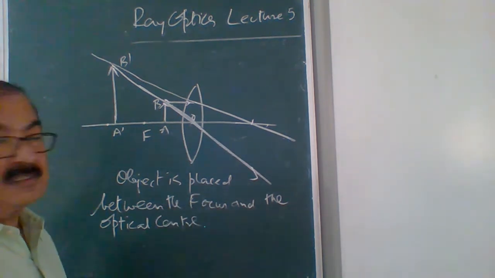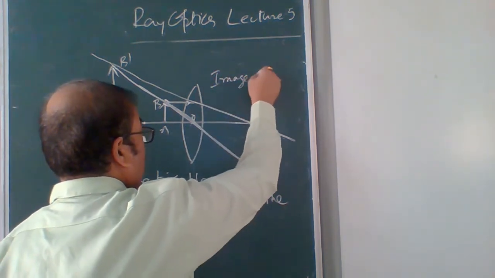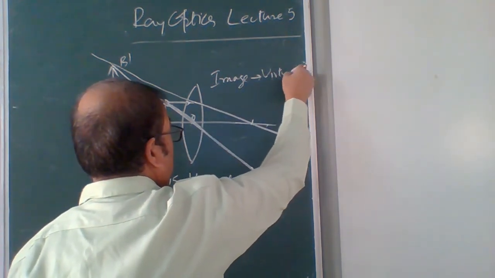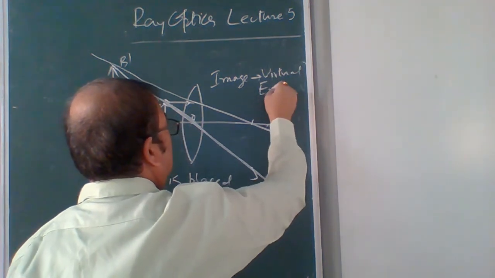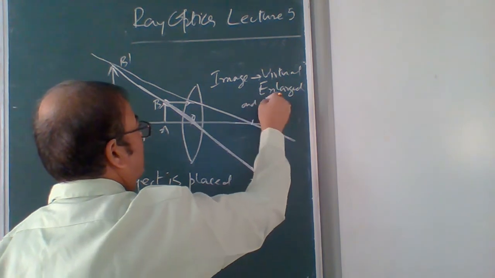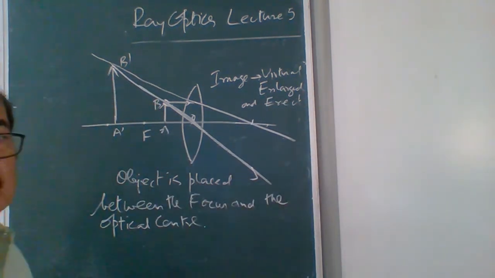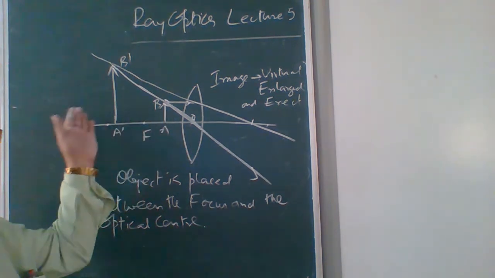In such a case, the image is virtual, enlarged, and erect. You can observe all three properties over here.